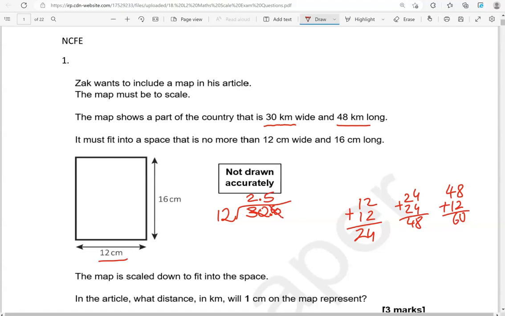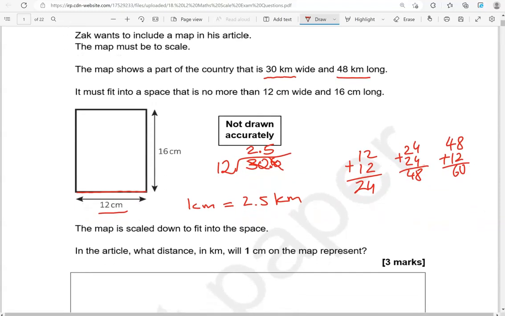So if we show 30 kilometers here, that would mean that 1 centimeter on the map is equal to 2.5 kilometers in reality. That needs to be the same for the length as well, because if it's not, then we haven't got this in proportion.